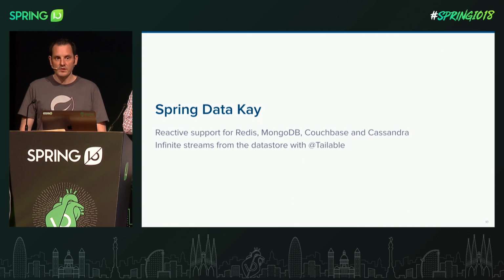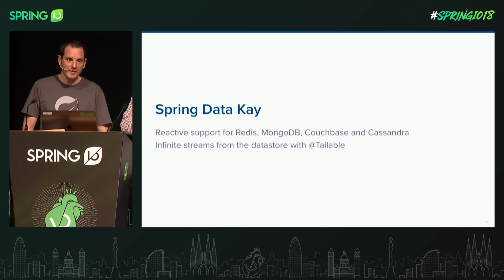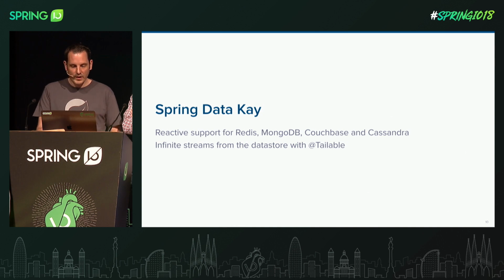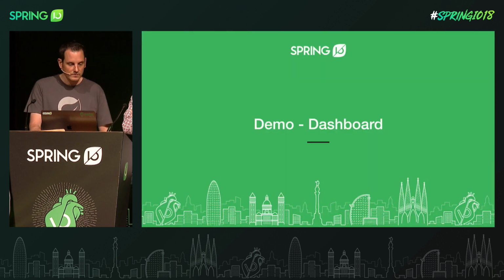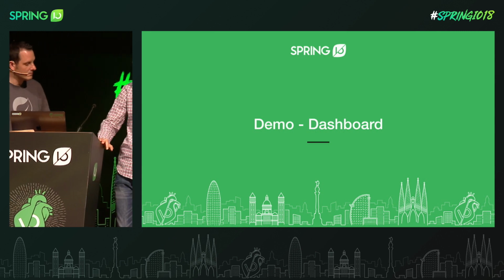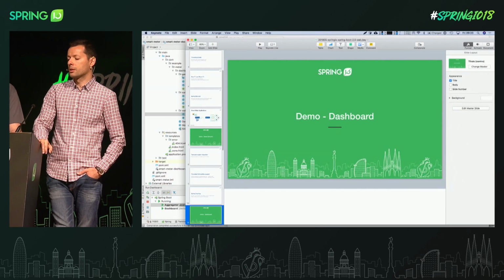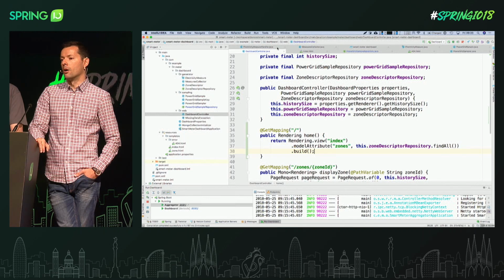There are plenty of projects in Springland that had a major release, not only Spring Framework 5 and Spring Boot 2, but Spring Data, Spring Security, Spring Integration, etc. Spring Data K has plenty of non-reactive new features that you might be interested in, but we'll focus on the reactive one.